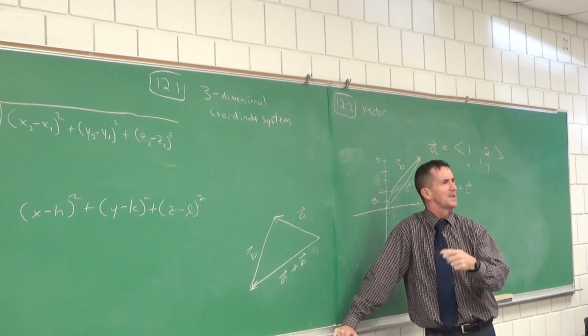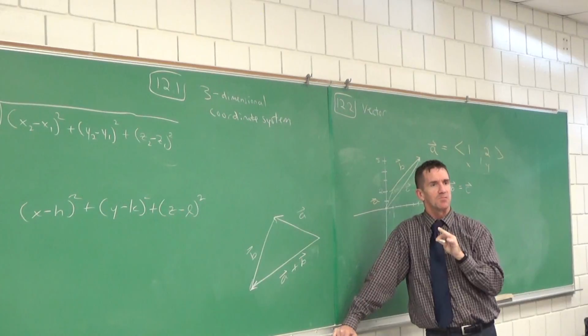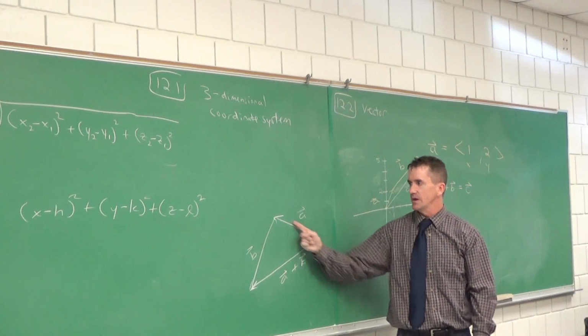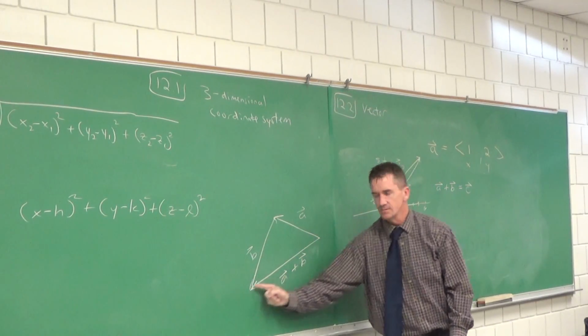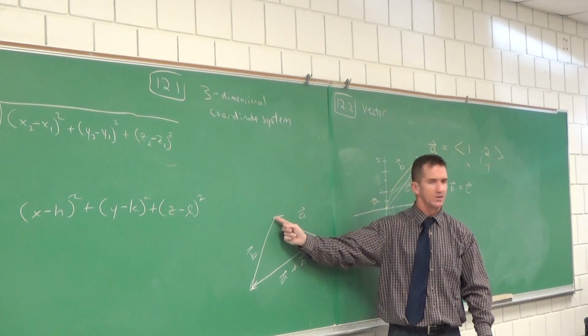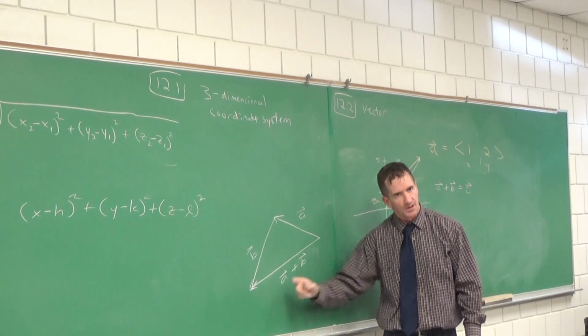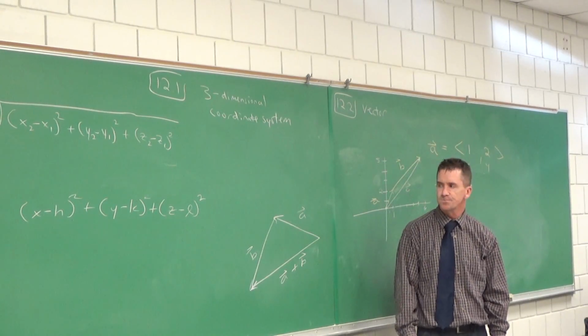I think there's a problem on the problem set like this. You got to figure out which one of the choices is true. Just apply this law. It's like, okay, I go here, and then I go to there. It's like a ship move. The ship moved from here to here, took a rest, stopped, then the ship moved from here to here. Where did it start originally and where did it stop? From there to there. Cool?